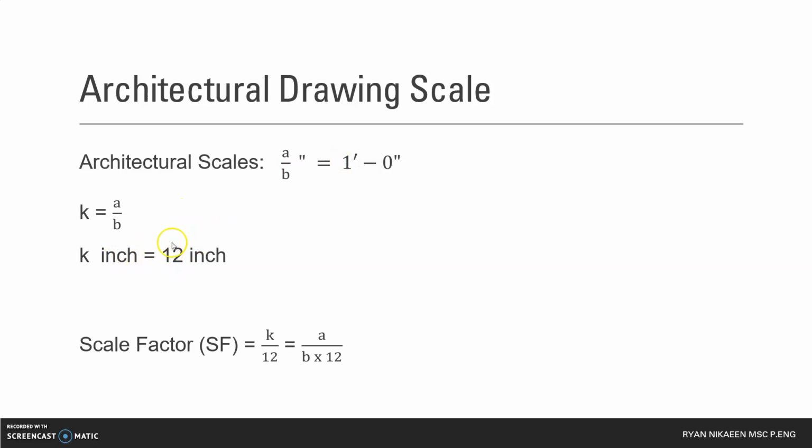Because I want both sides to have the same unit. So in this case, K divided by 12 is our scale factor. What was K? K was this fractional number, A over B. So it means that the scale factor is going to be A divided by B times 12.